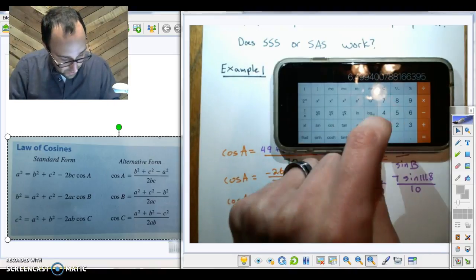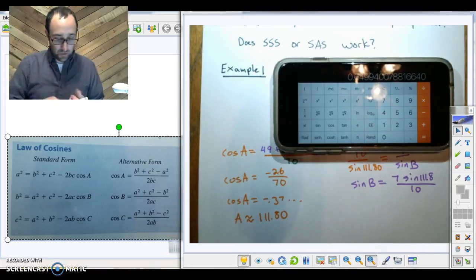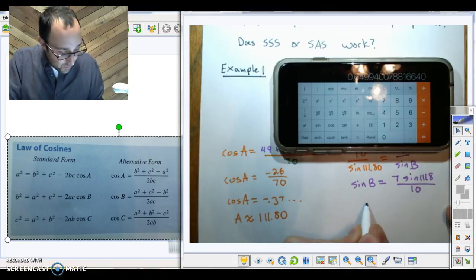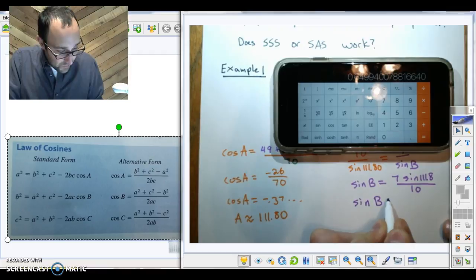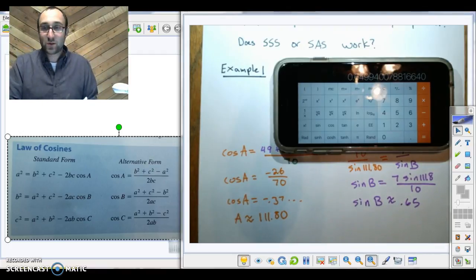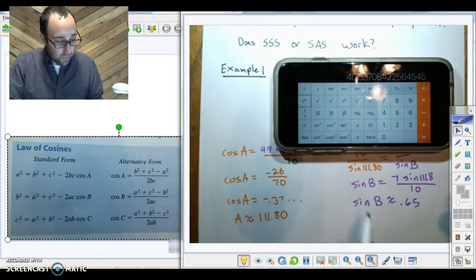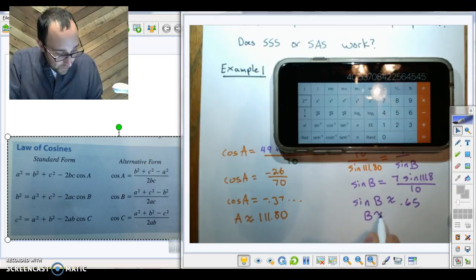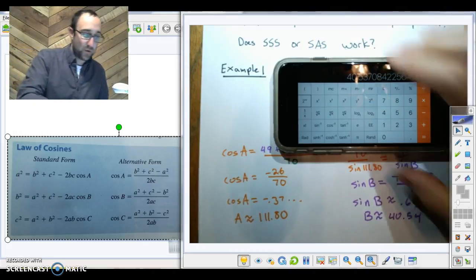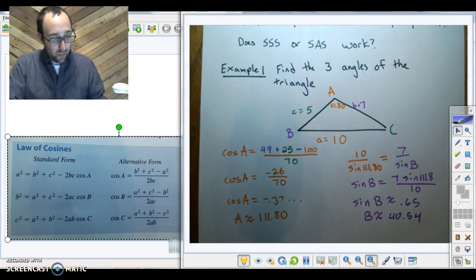I'm going to divide that by 10, which is good, I should get an answer less than 1. So sine B is about 0.65, and then I'm going to find the inverse sine to figure out what B equals. I get B is about 40.54, so we might as well put that in for B, 40.54.